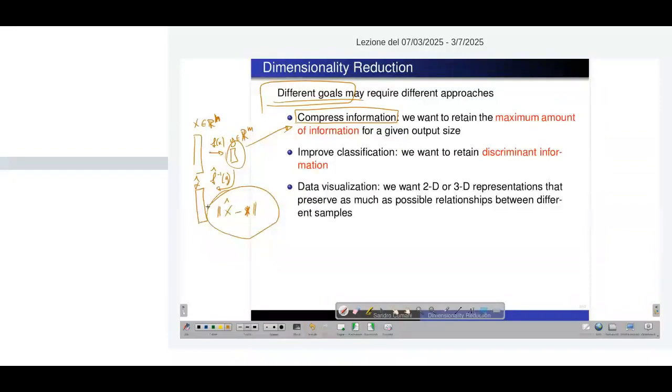Now, we need to define what it means to retain the maximum amount of information. Here, I'm already giving you a hint of what we will do. We will measure error rate in terms of distances, but depending on the task, it may differ. When you do audio compression, the way you measure the information that is retained is based on acoustic properties, not just of the signal, but of the human ear that will listen to that recording. We know that the human ear filters out some frequencies, and that it has some response to some audio.